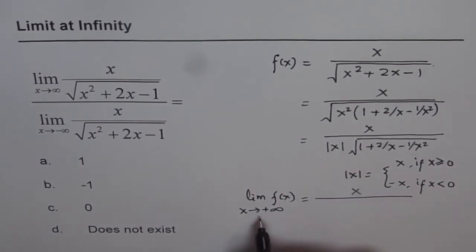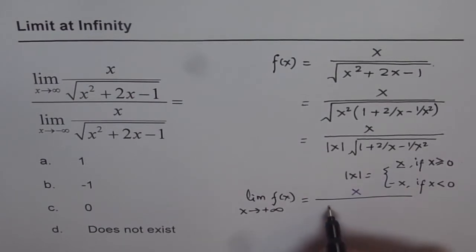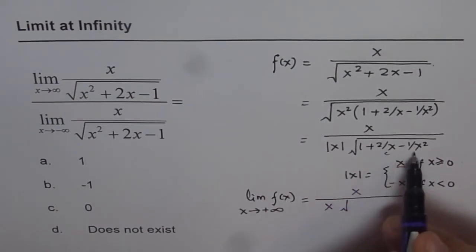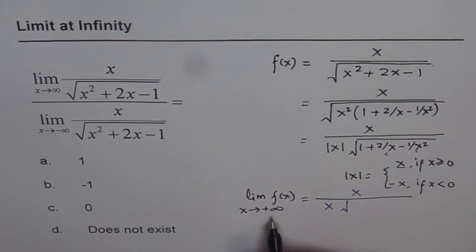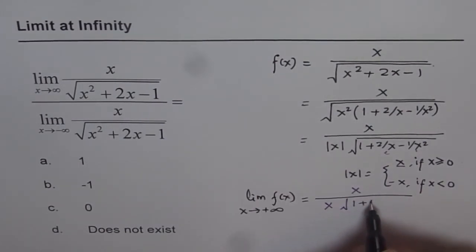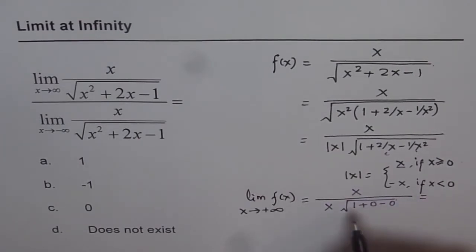The numerator is plus x, so we get x over x. And here, these terms will be very small as x is very large. So we get 1 plus 0 minus 0 kind of thing. So we get x over x, which is plus 1.